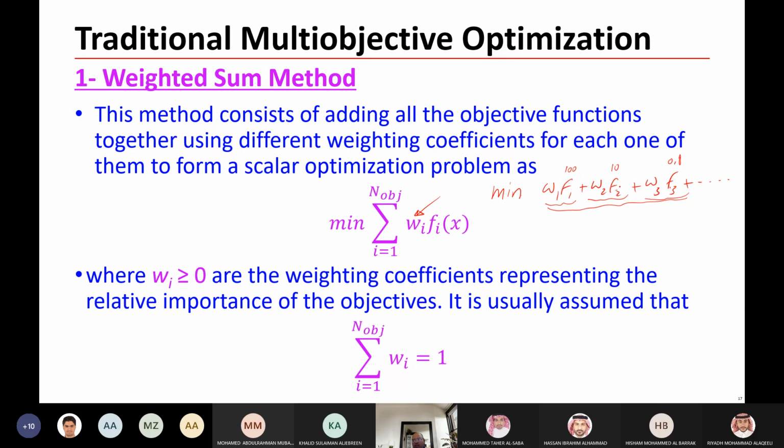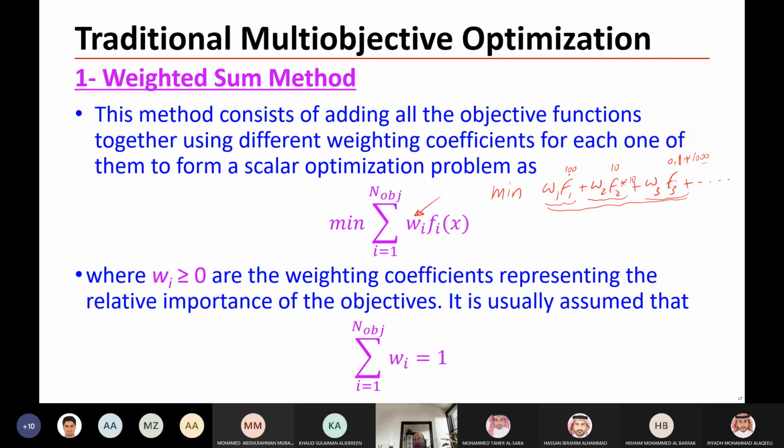So we might have a scaling factor here to multiply this by 10, so 10 times 10 is almost 100. And we have to multiply this by 1000 as a scaling factor in order to have it almost 100. Otherwise, you may improve one objective at the expense of the others.